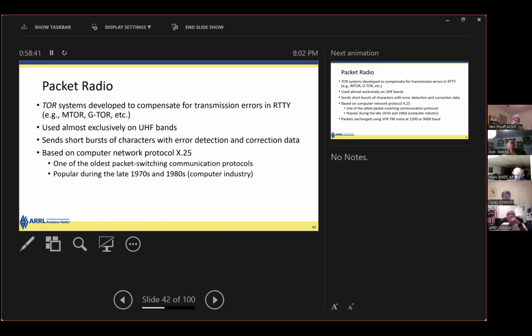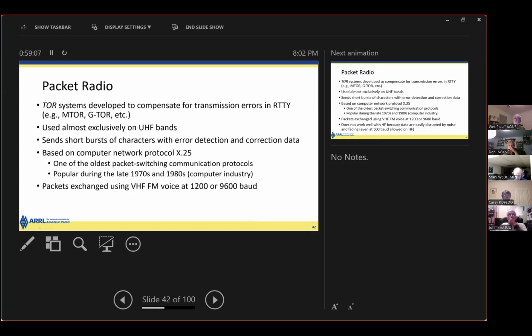So the most common one is based on the X25 computer network protocol, which is a computer-to-computer standard. And it was popular in the 1970s and 1980s. And it's one of the oldest computer-to-computer protocols that exist. And it was around before it was adopted for radio communication.